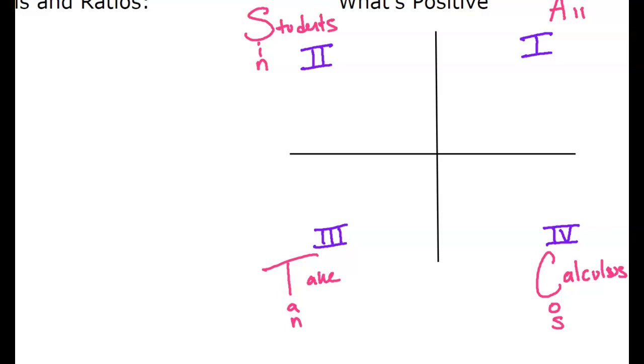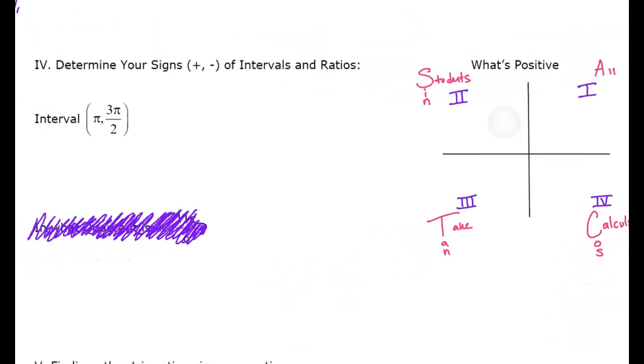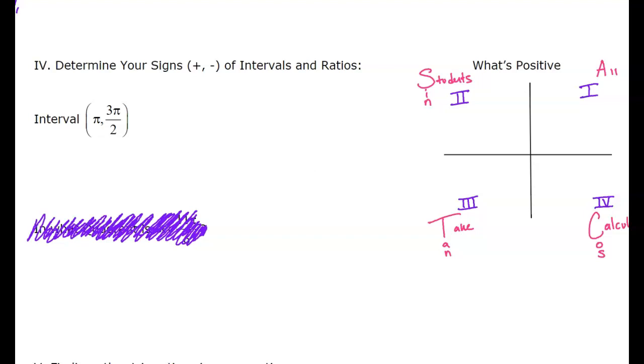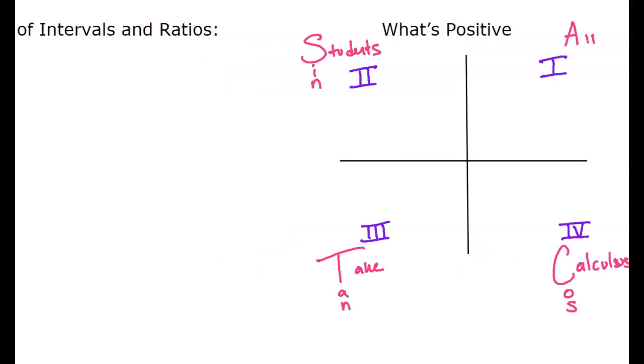All Students Take Calculus. There are many ways it's used, but one of them is when it literally asks you to determine the sign, plus or minus, of the intervals and ratios. So here in our interval from pi to 3 pi over 2, if I'm looking at this x and y axis, I know that pi is the same exact thing as 180.